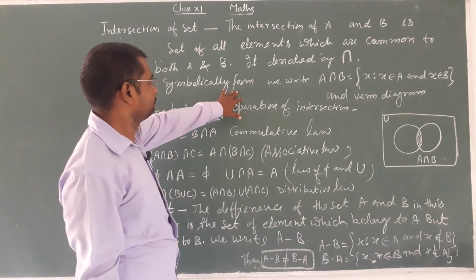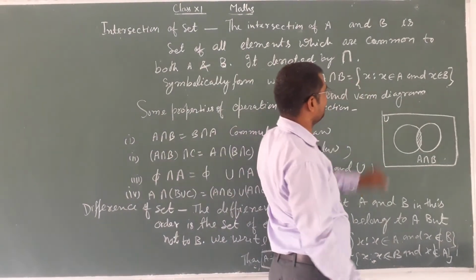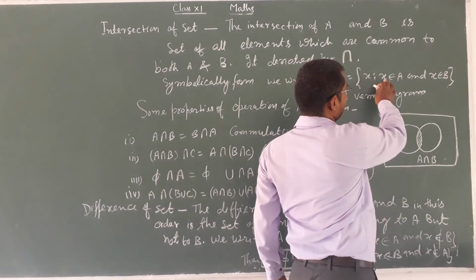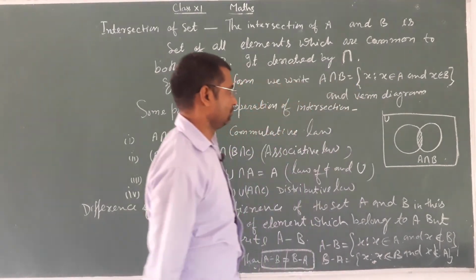Symbolically we write A intersection B equals x such that x belongs to A and x belongs to B.